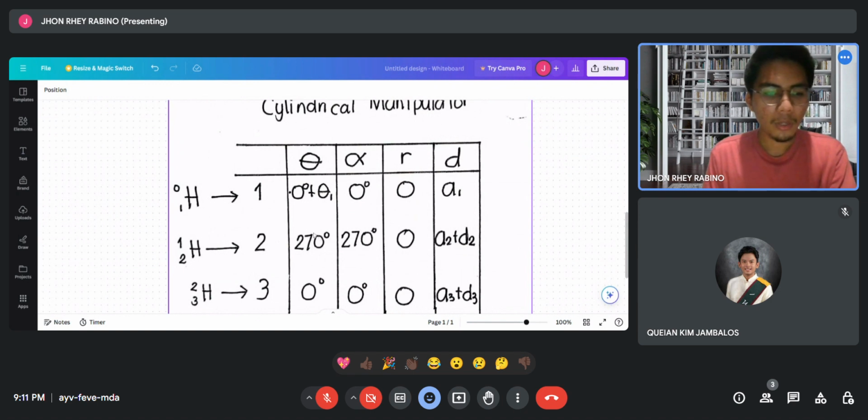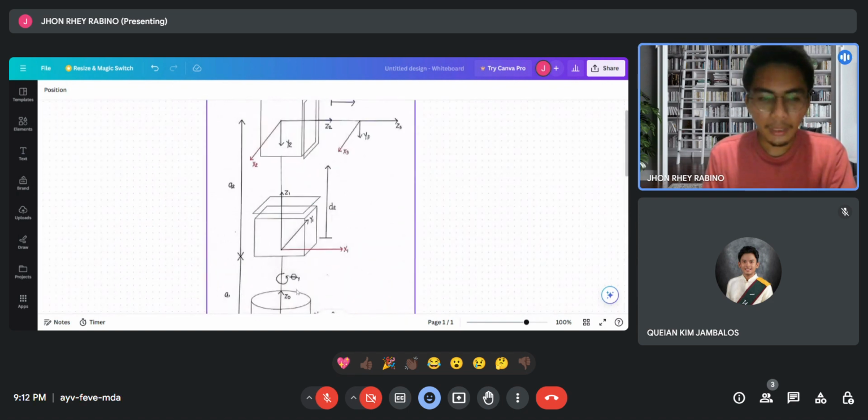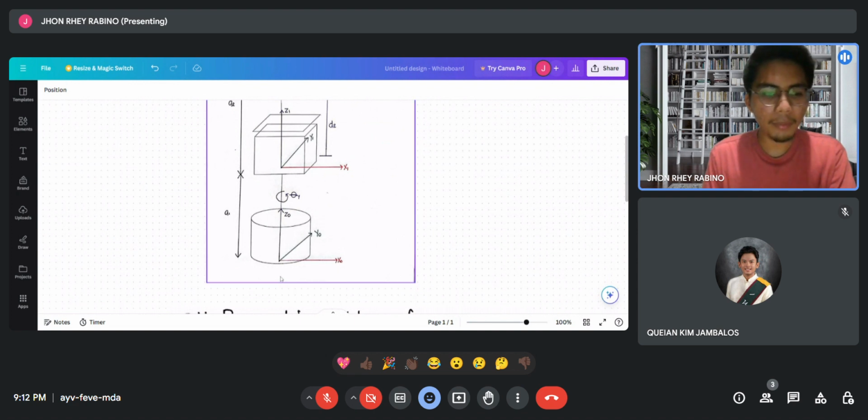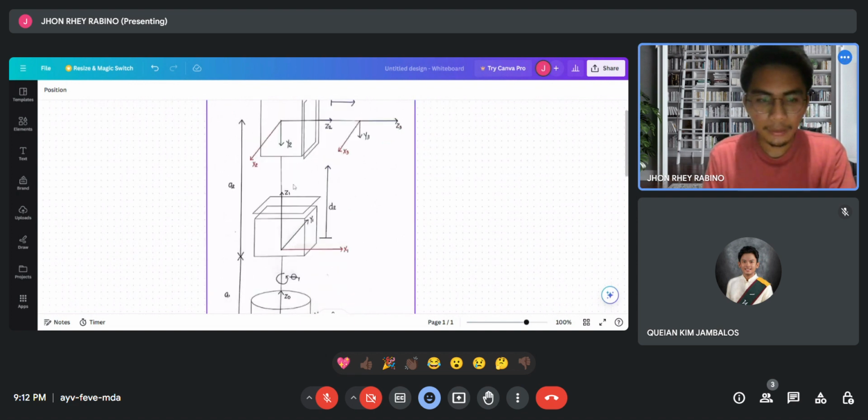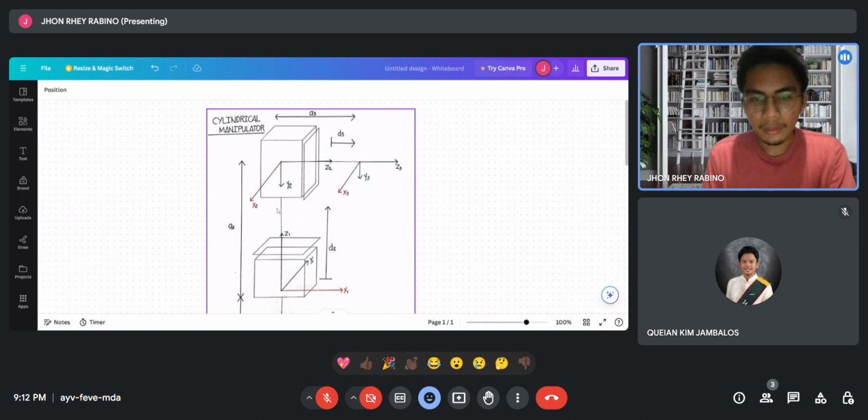Next is the homogeneous transformation matrix of frame 1 to frame 2. Our z sub n minus 1 is z sub 1, the x sub n minus 1 is x sub 1, and x sub n is x sub 2.